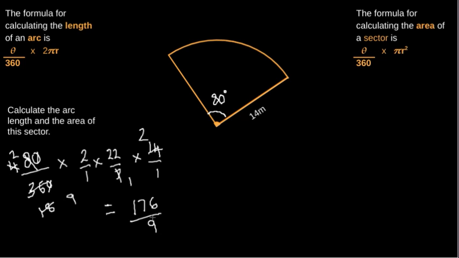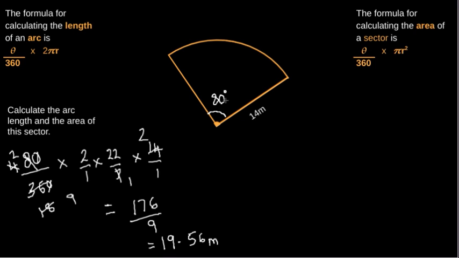So what's 176 divided by 9? That should be like 19.56 thereabouts. 176 divided by 9, 19.56. Okay, this equals 19.56 meters. That's the length of this arc right here, if the radius is 14 meters and the angle of the sector is 80 degrees.